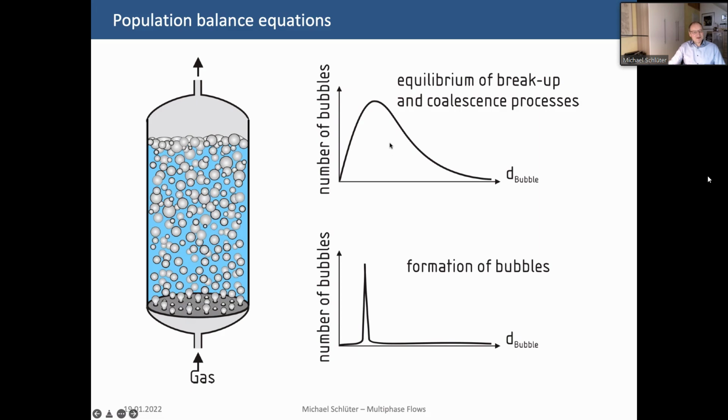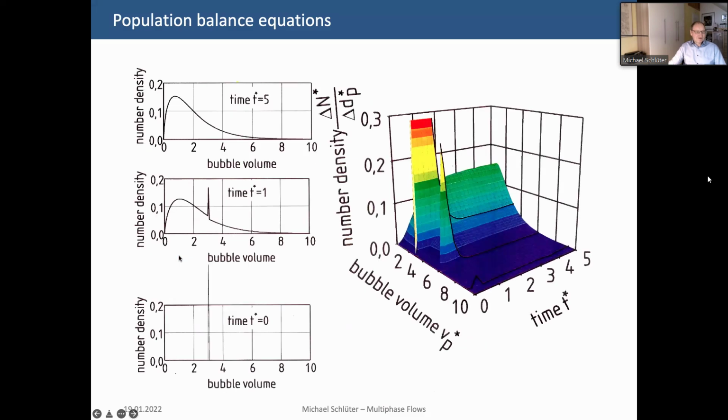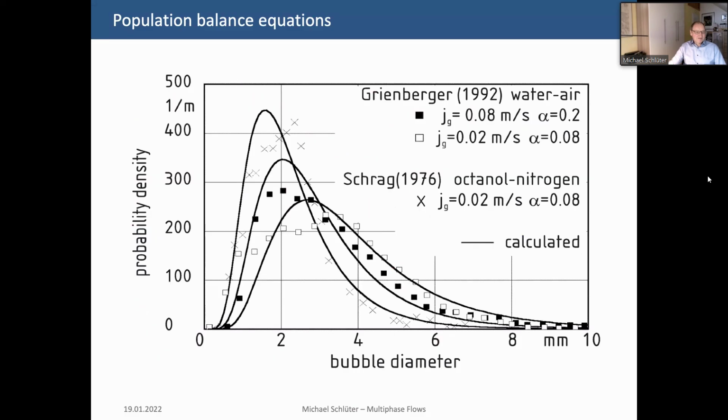So you see that this population balance calculation gives us a very good agreement with our expectations and what I have showed you before with our measurements with the endoscopic system. And now you can adapt the parameters to come here to the right bubble size distribution that has been measured again.